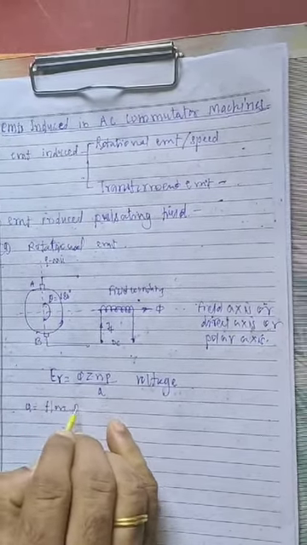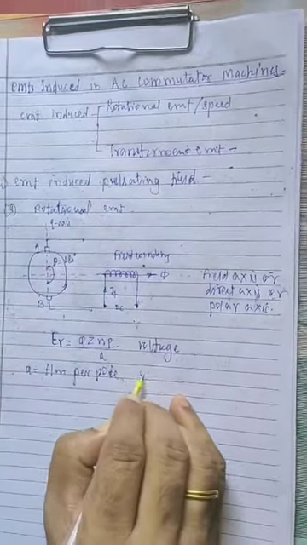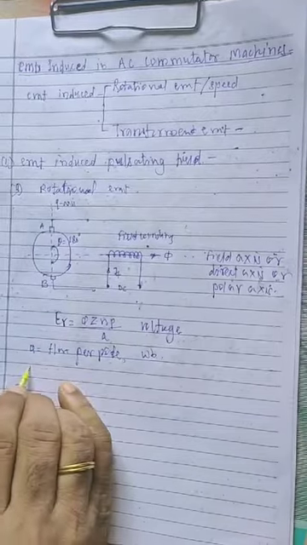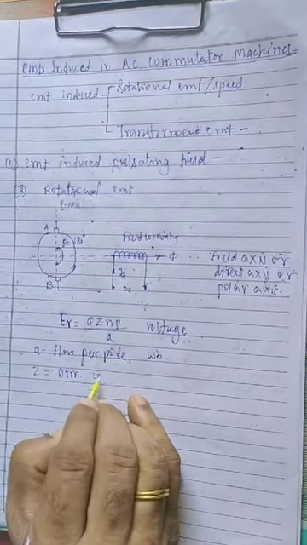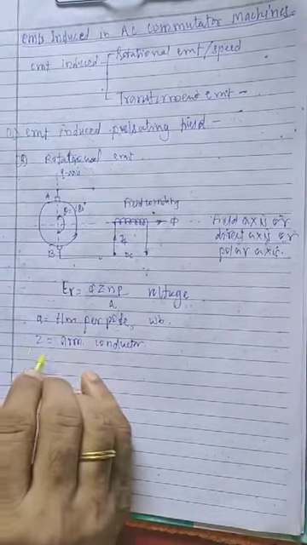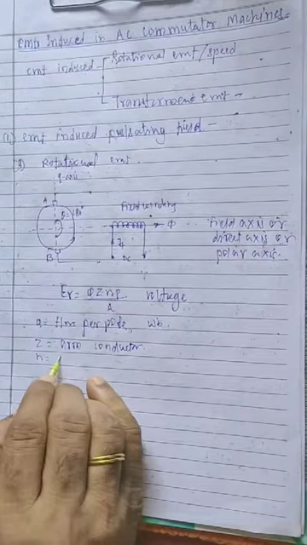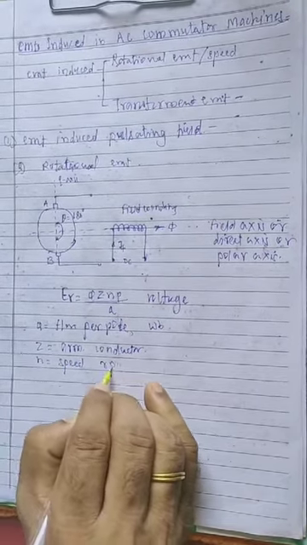Here phi is the flux per pole, unit is Weber. Z is the total armature conductors. N is the speed in RPS.